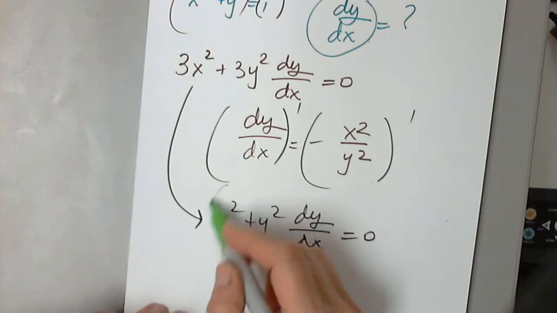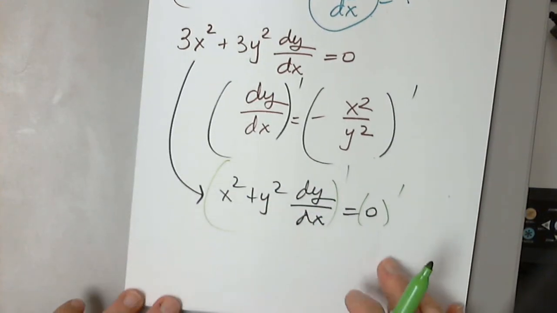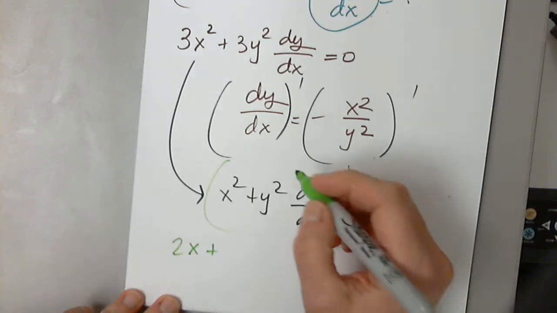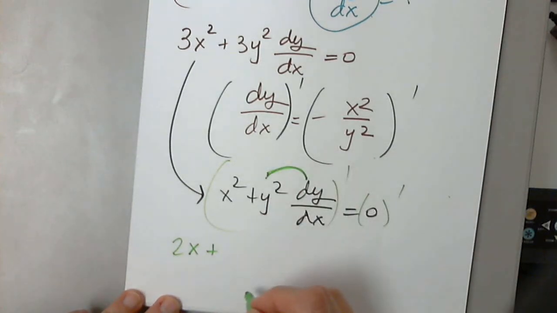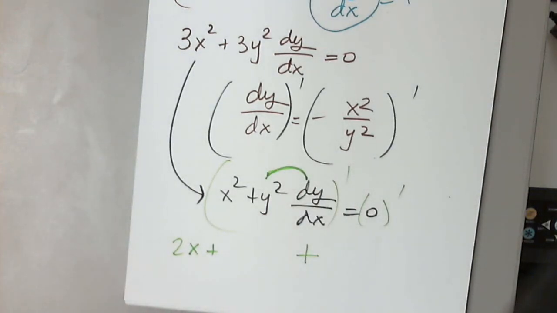So if I differentiate this and this, I get 2x plus... Now remember, this is a product, so I have to get a sum of 2 terms.